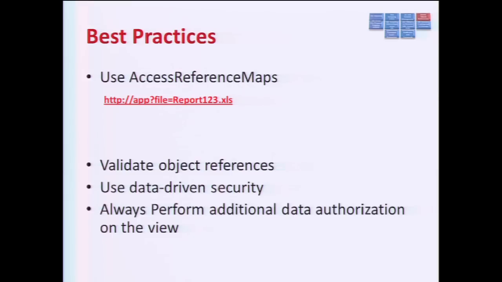You could do a lot to prevent that. Everybody is recommending some kind of access reference map here. The idea is basically to have any kind of obfuscation, so no direct reference to the objects behind in your database. You could do that randomly, any way you like.